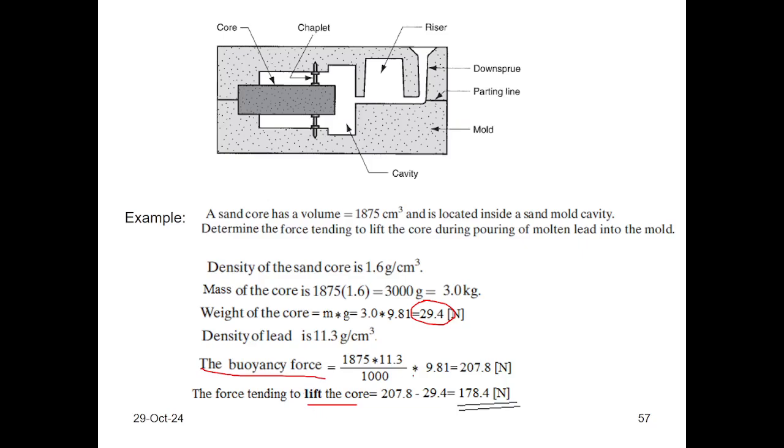Lift is equal to buoyancy force minus the weight of the core. In this example, it is 180 newtons, almost 180. Draw the free body diagram of the core, and then, if the lift is equal to that much, what should be the force applied by the chaplet? The rest is to study at home.